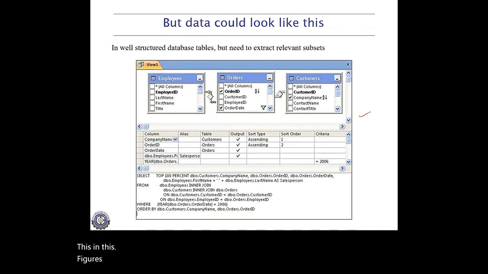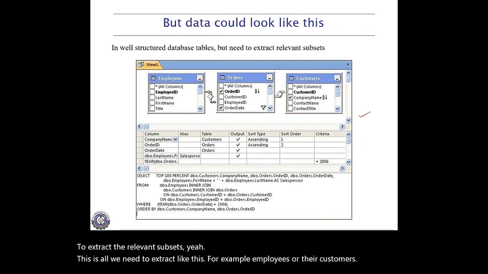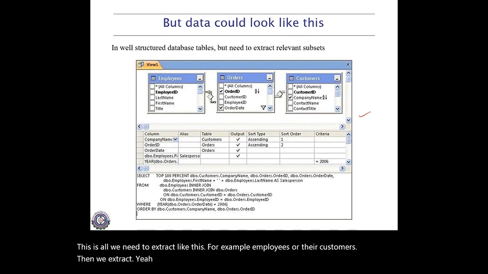So in well-structured database tables, we need to extract the relevant subsets. Yeah. So we need to extract like this, for example, employees, order, customer. Then we extract by using the tools, and after that we can provide the useful or appropriate information.